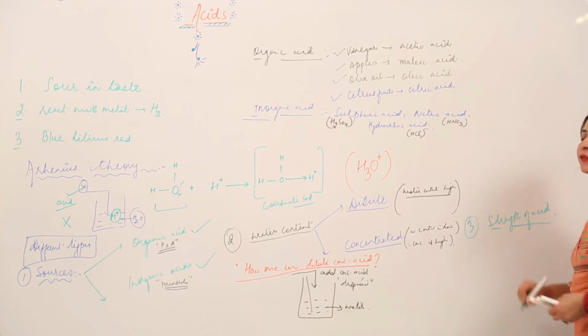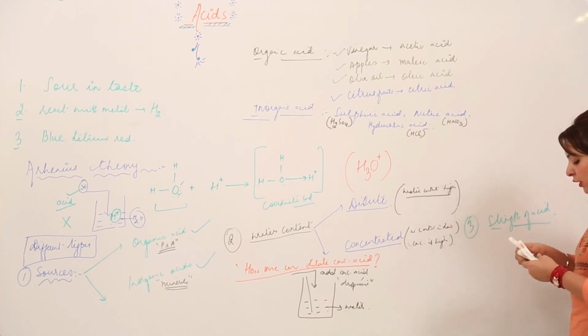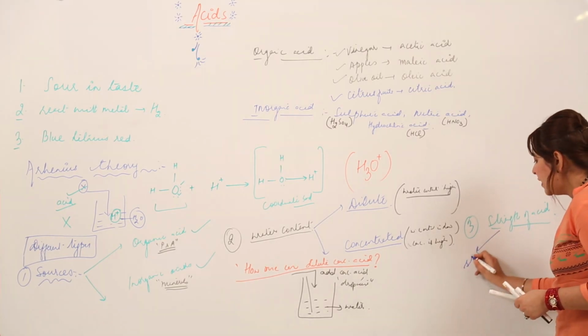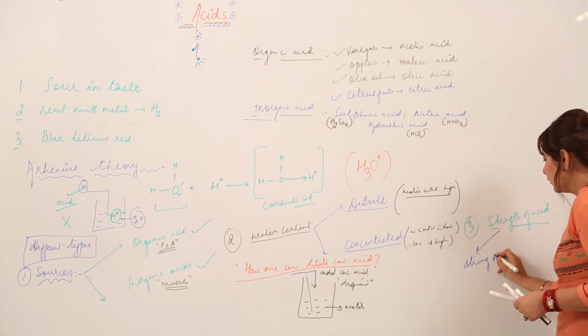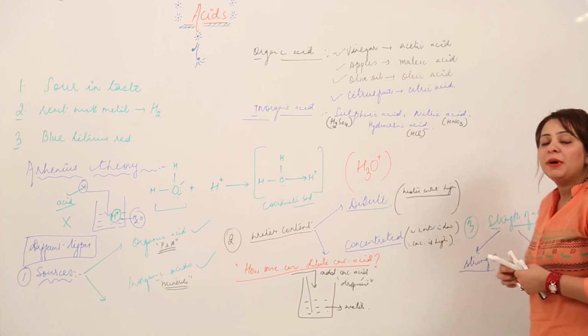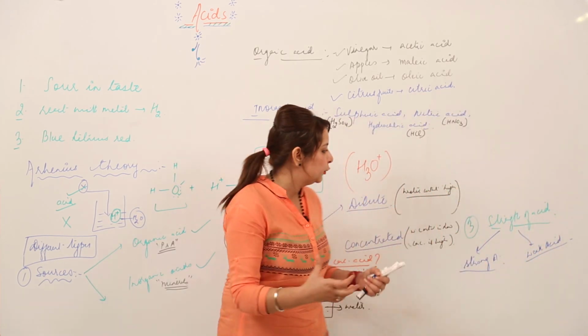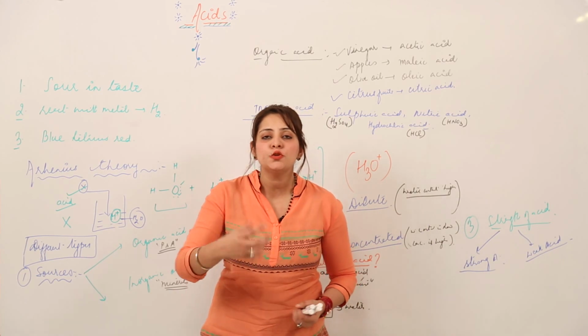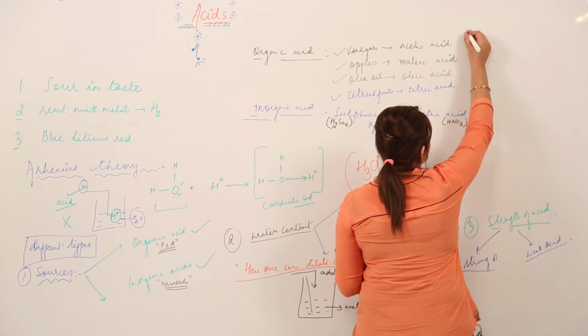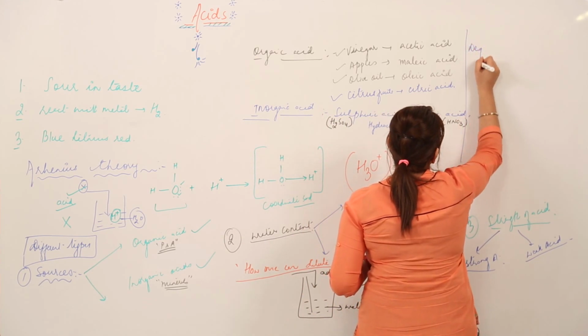On the basis of strength, we have two types of acids: one is strong acid and the other is weak acid, right? But before you learn the strength of acid, I would like to make you familiar with one term. That term is degree of dissociation.